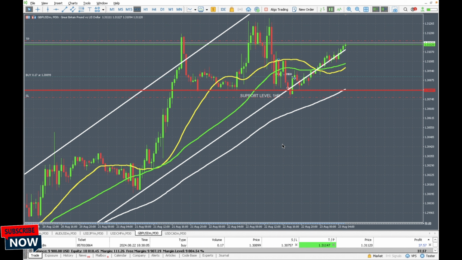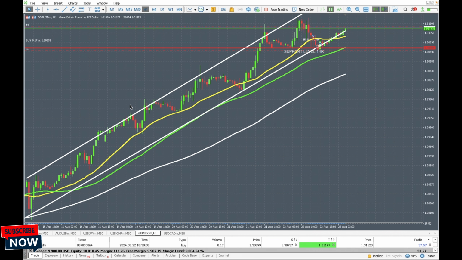I took a trade yesterday evening, on the 30 minutes time frame, as you can see, and the 1 hour. What I did was that I drew the trend line to measure the trend, to know the trend's direction, and it was a bullish trend direction.